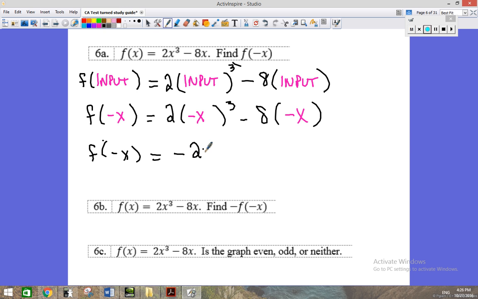So I have negative 2 times x raised to the third power. And look here, I have a negative and another negative sign. That's going to change to addition. Boom, there's my answer for part A. They said to find f evaluated at negative x. We found it.